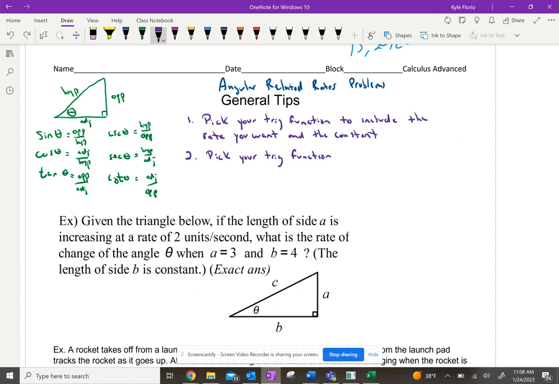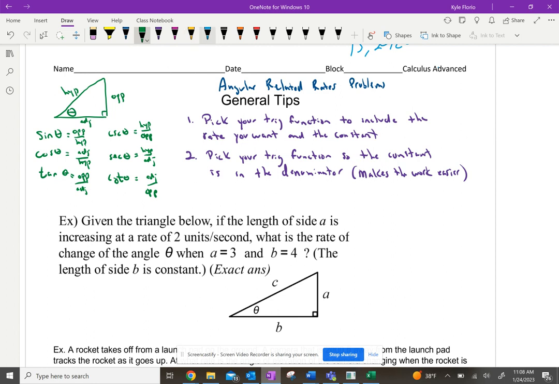When we do this, we're going to pick the trig function so that the constant is in the denominator. The reason why is because it just makes the algebra and calculus a little bit easier. Not that we need it, but it's just helpful to have.